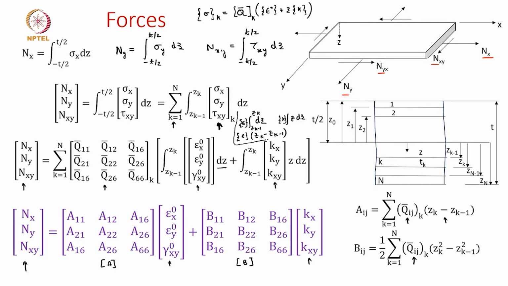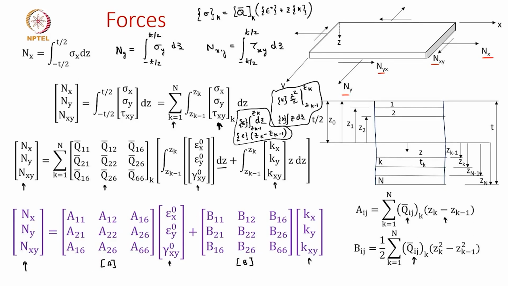We are talking about these terms for the A matrix, and for the B matrix, since we have the integral of z times dz, it should be the curvatures k times z square by 2 evaluated from z_k minus 1 to z_k. And once you evaluate that, this should give us the B matrix terms. So here we have this z_k square minus z_k minus 1 square, and this half is coming from the integral.